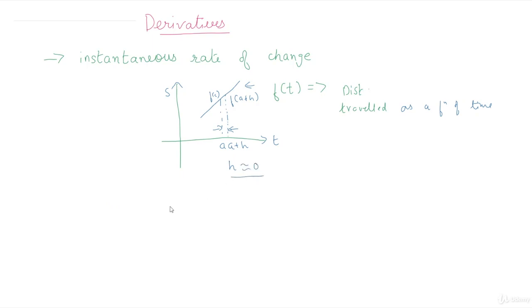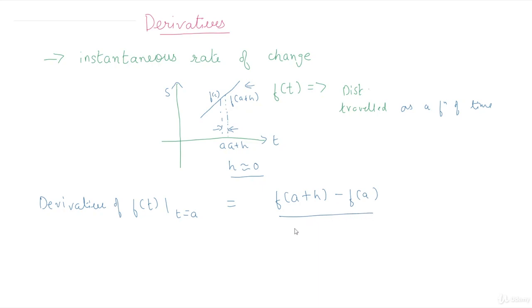So now let's try to write it mathematically. How will we write the derivative of this function with respect to time? The derivative of the function f of t at a point t equal to a will be equal to the rate of change, that is nothing but the change in the distance traveled, f of a plus h minus f of a, over the change in the input parameter, that is time.